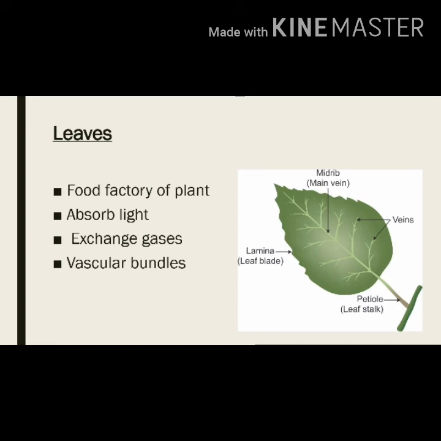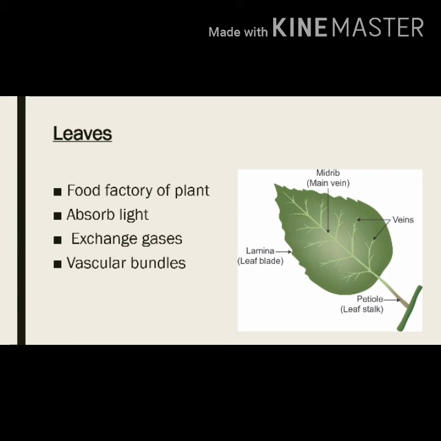First of all, midrib. The midrib is a central thick vein which provides support to the leaf. Next one is lamina. The primary function of lamina is photosynthesis. Next one is leaf stalk. The stalk is by which leaves of a plant are attached to a stem. Leaves have a lot of veins, and these veins are made of vascular bundles.